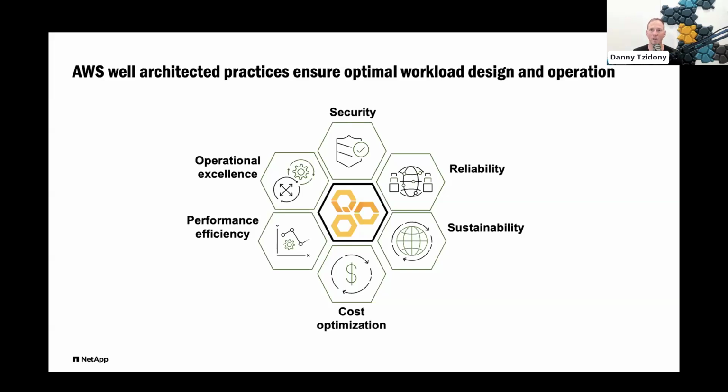And BlueXP Workload Factory gives you the tool to make sure that you are indeed well-architected, using the best practices, and that you are making the most of Amazon FSx for ONTAP for your application.